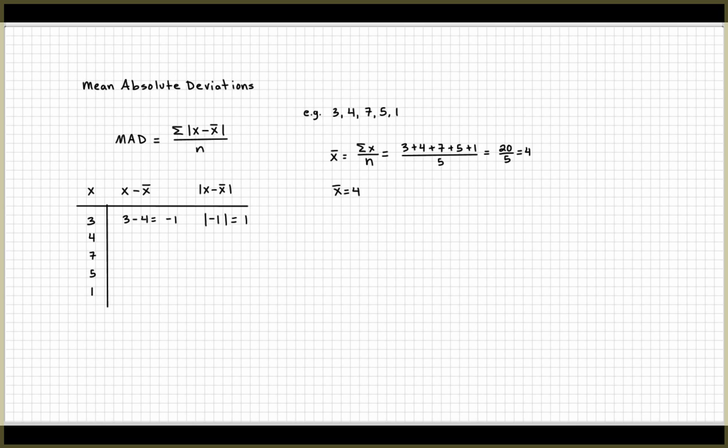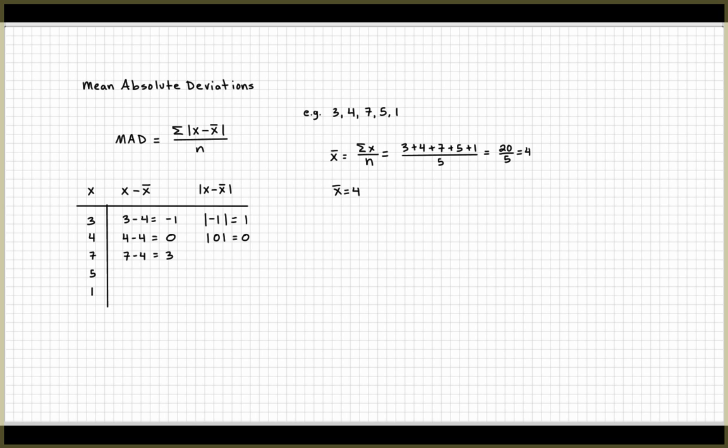All right, so let's do the next data value, which is 4. Take away 4, right? 4 is the data point, and of course, we have subtraction, and this 4 comes from the mean. So 4 take away 4 is 0. Absolute value of 0 is going to be 0.